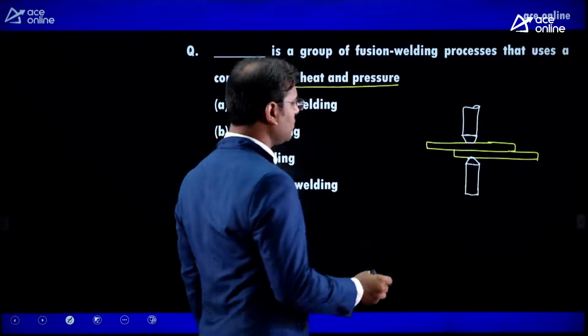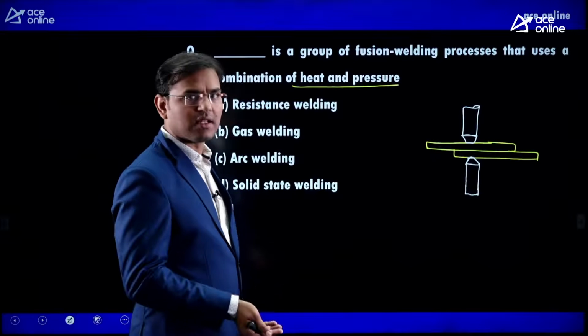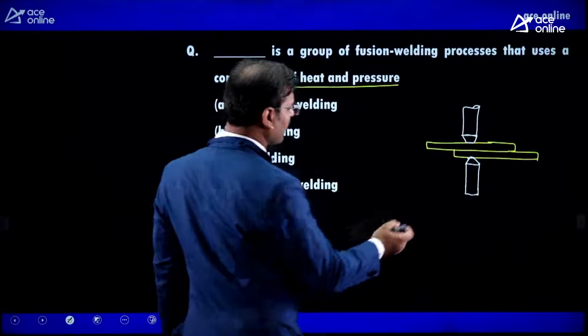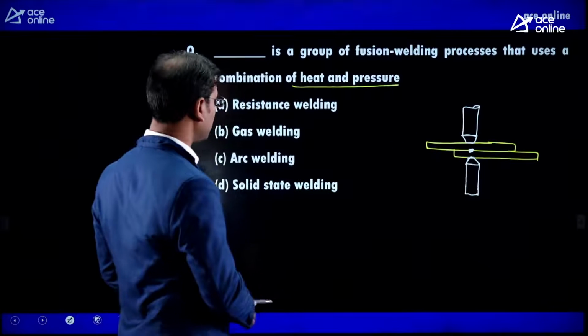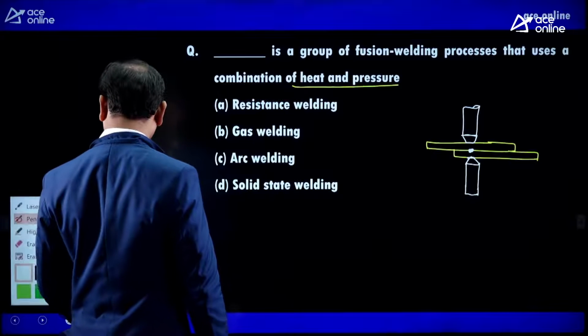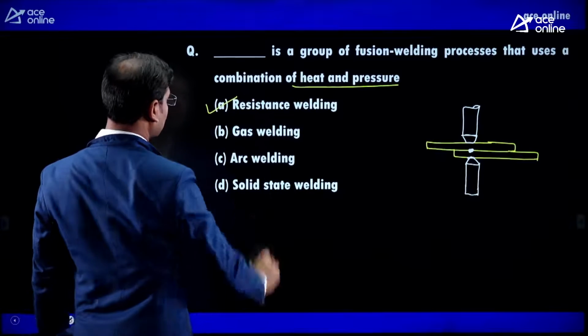Now see, the two electrodes are giving very high pressure, and the heat is also generated here where we have to join. So in resistance welding both things are there, heat and pressure. Okay, next, gas welding.